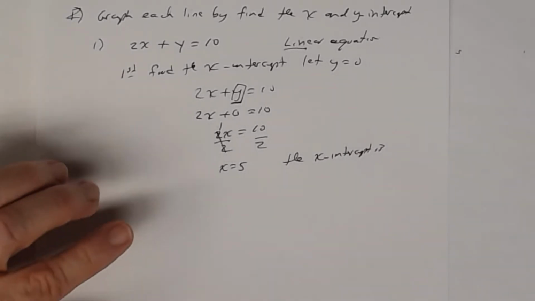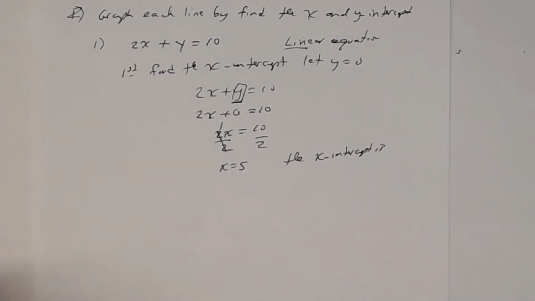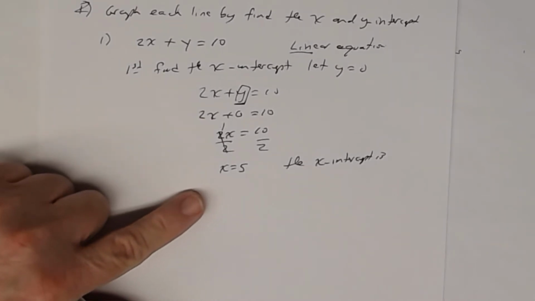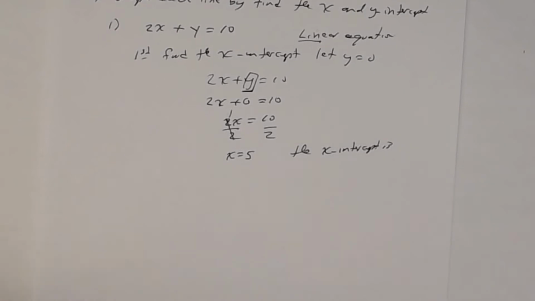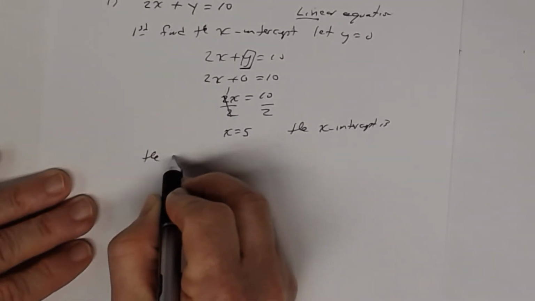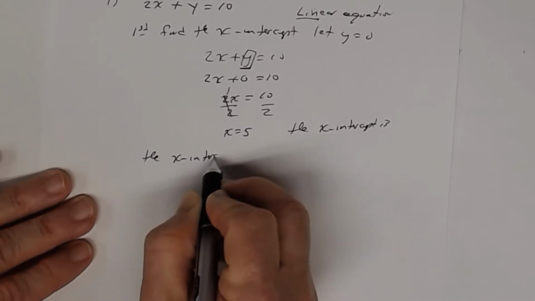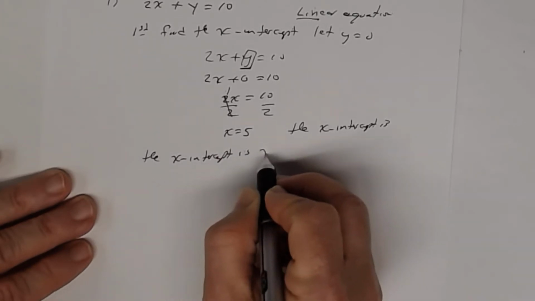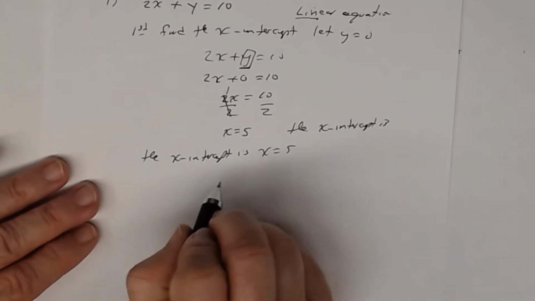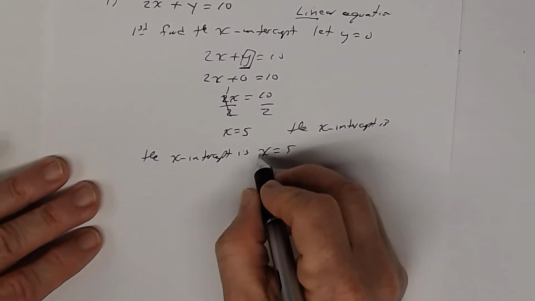Depending on how they want you to write it, you could say the x-intercept is x equal 5, or you can say the x-intercept is just 5.